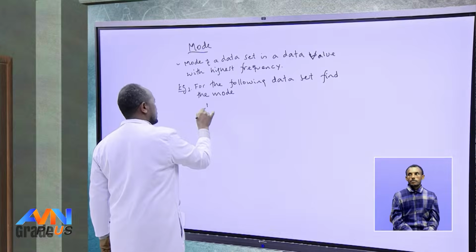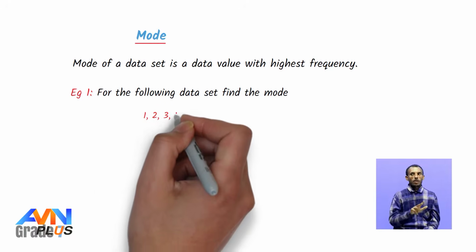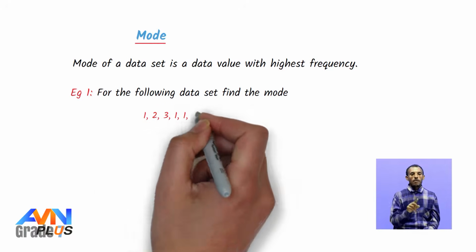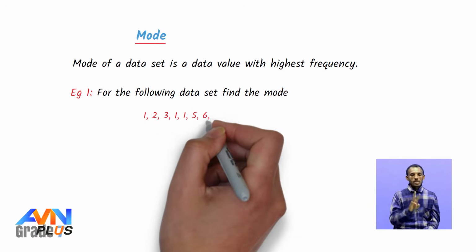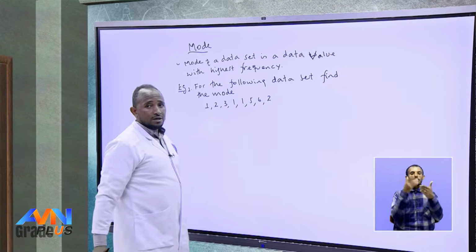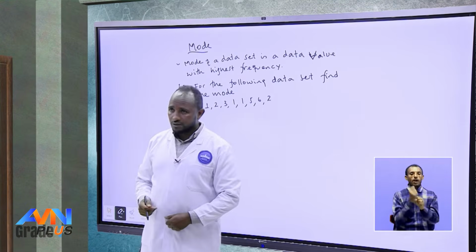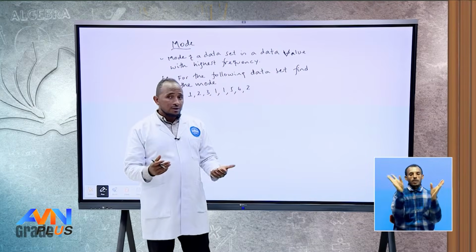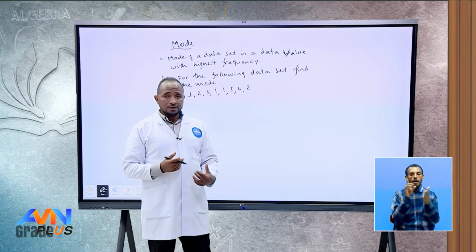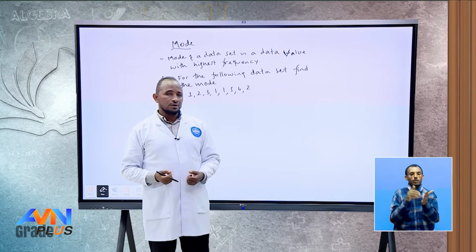Here is the data: 1, 2, 3, 1, 1, 5, 6, 2. This data set is given, so we are asked to find the mode of this data set. The mode of a data set, as said earlier, is the data value with higher frequency or greater number of repetition.